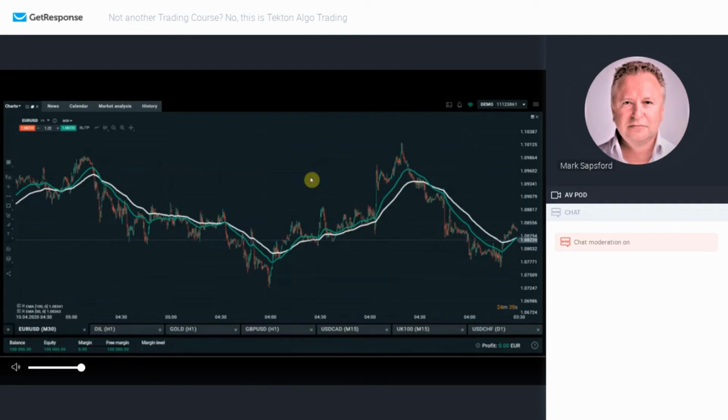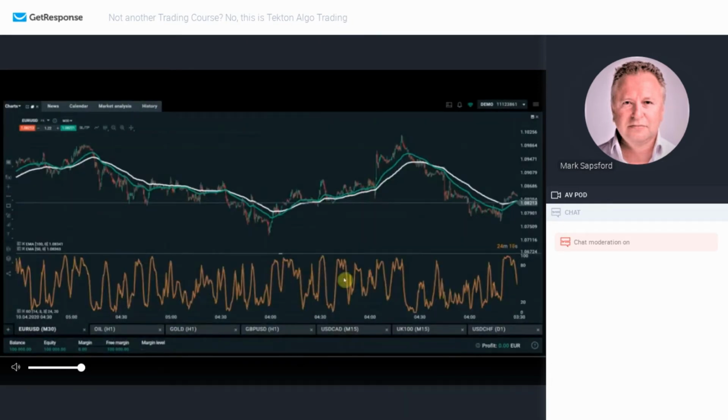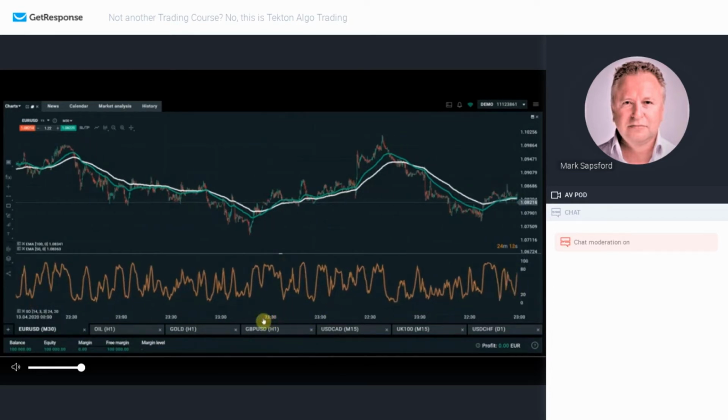Now what I can also do on here is plot an oscillator. So I can add a stochastic, for example, and a stochastic oscillator sits underneath price and is an added confirmation of price when it moves.